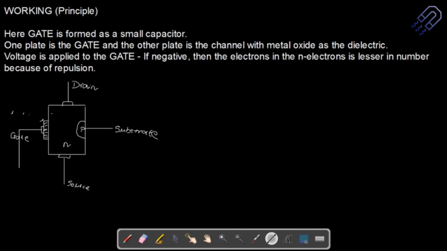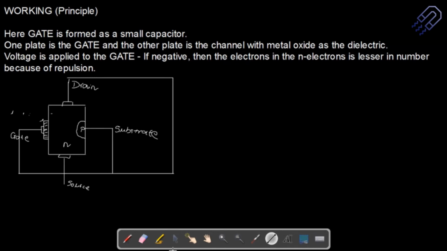I'm going to apply a potential between the gate and the source, and of course at the output terminal between the source and the drain. This is the output terminal, and of course the substrate is also connected here. We'll do the connections at this particular point.